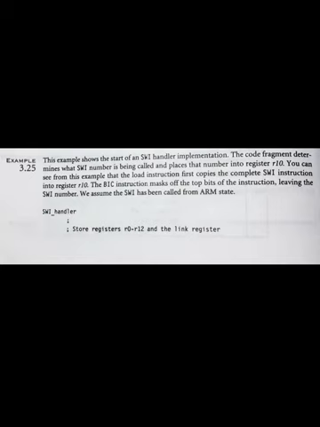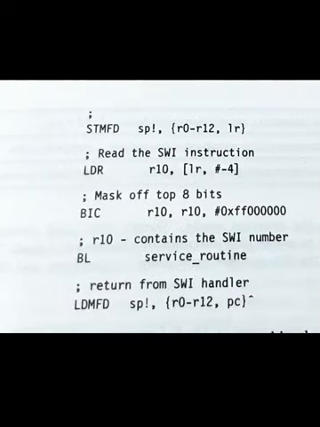We assume the SWI has been called in ARM state. That means the number in the register R10 is used by the SWI handler to call the appropriate SWI service routine. Overall the SWI instructions.